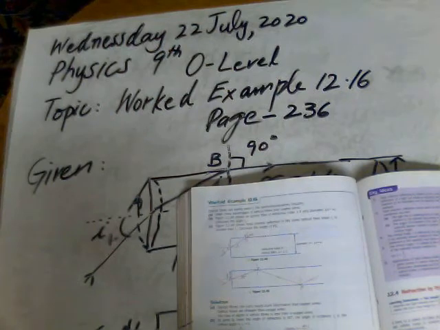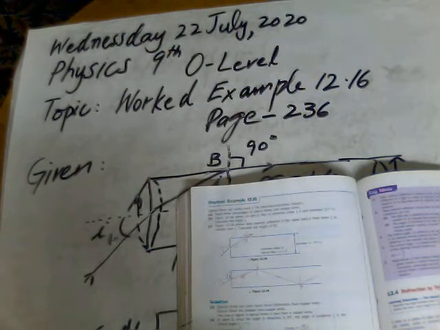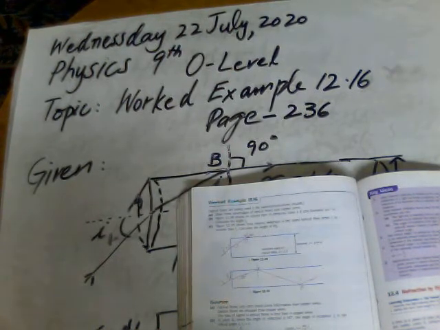Second, optical fibers are cheaper than copper wire. And the third one, the loss of signal in optical fiber is less than in copper wire.